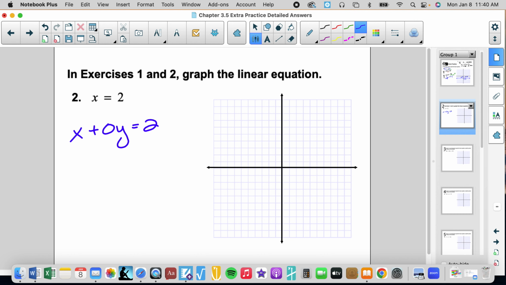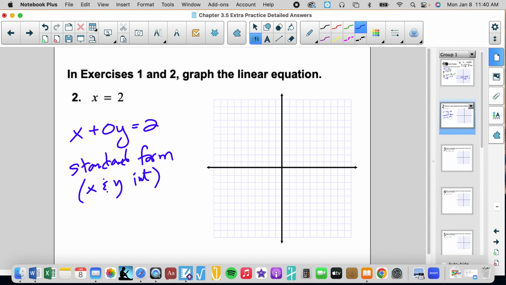It gets a little tricky here because if we want to find intercepts, when it's in standard form, we look for the x and y intercepts and we do the cover-up method. So we cover it up. Our x-intercept is 2, so we go where the x-axis is 2.